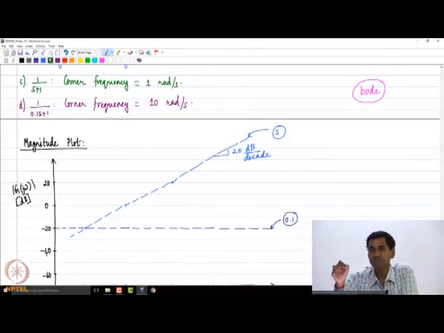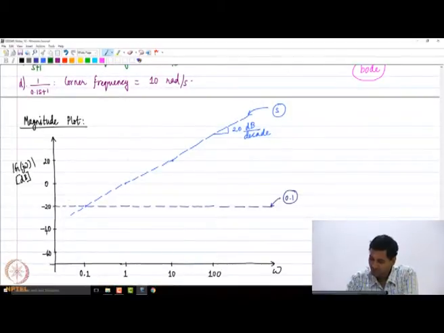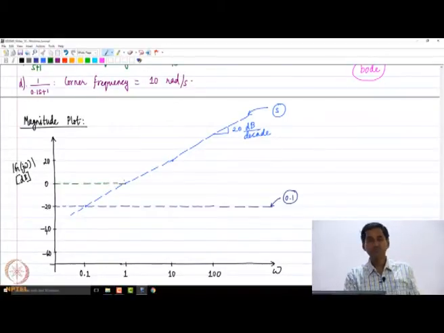So, what is the low frequency asymptote in the magnitude plot for 1 by s plus 1? 0 decibels. So, if you recall what we discussed, we are going to have that till the corner frequency of 1. So, 1 is my corner frequency. I am going to have 0 decibels as my low frequency asymptote, and the high frequency asymptote is going to be a straight line with a slope of minus 20 decibels per decade. So, how do I plot it?